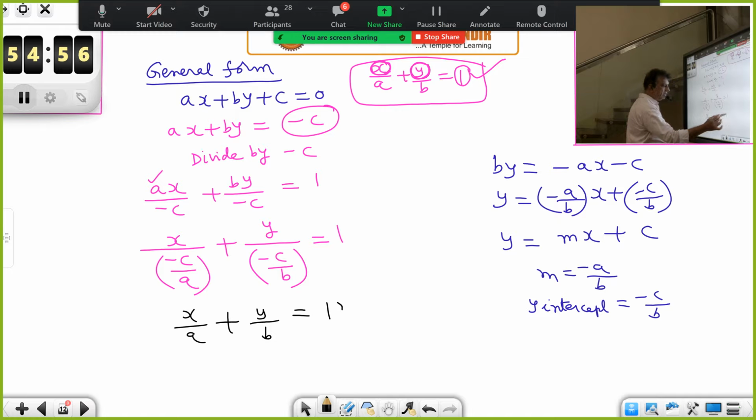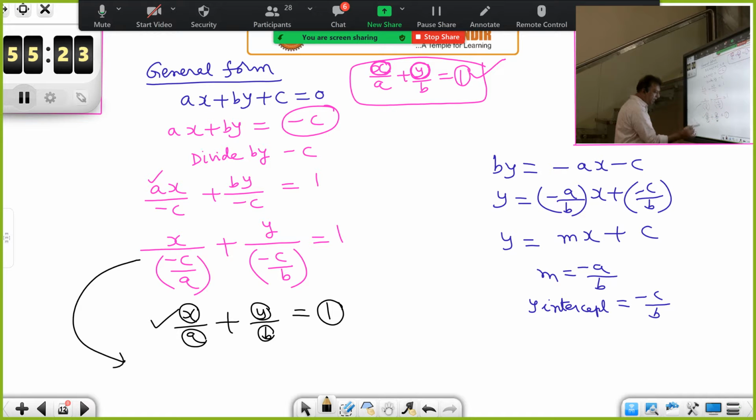Right hand side constant should be 1, and in the left hand side, in the numerator, x should be alone, nothing else beside it. Similarly, y should be alone. Therefore, here in the intercept form, what is a? Is it x intercept or y intercept? Shilpita. B is what? So therefore, what is the x intercept of this line?